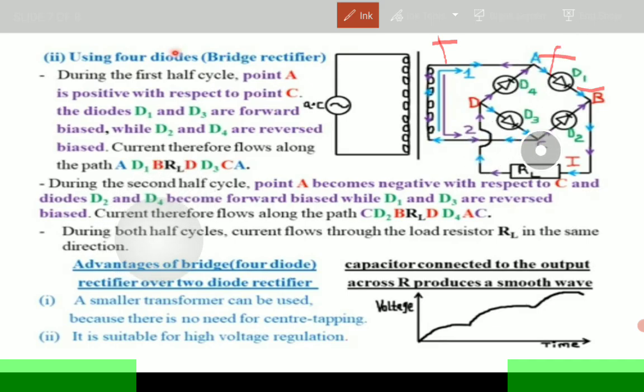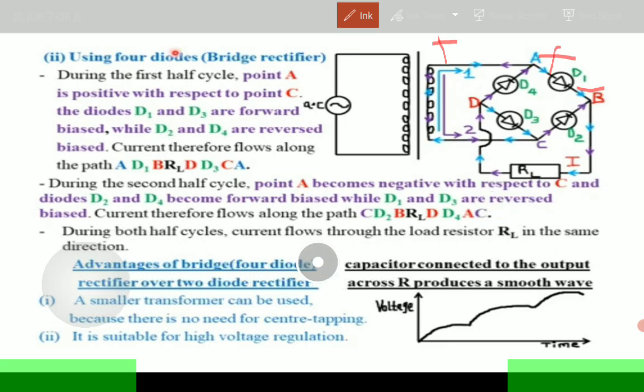From point C to D2, and then to point D, then through the resistor RL, then back to D, and then to D4, and then back to A, and then back to point C. Very important.